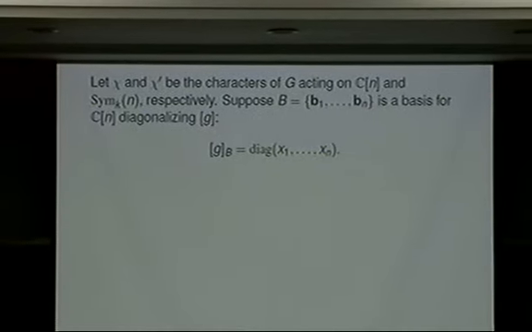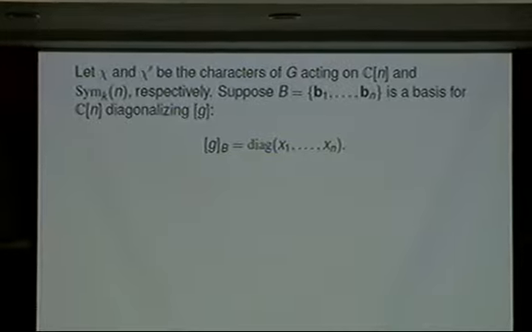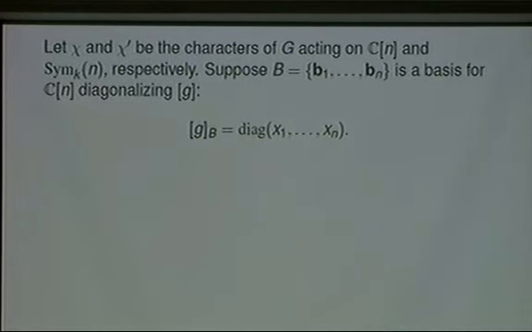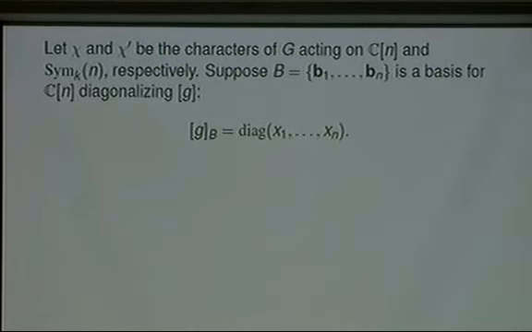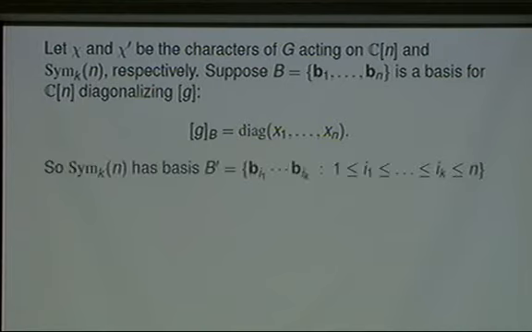And now let's again make this diagonalization assumption and see where it leads us. So suppose I have a basis for the original module diagonalizing the original linear transformation for G. Suppose the eigenvalues are x1 through xn. What's going to happen then when we bump this up to Sim? I said the reason we're using Sim is because it has a crucial property which isn't in the permutation module.